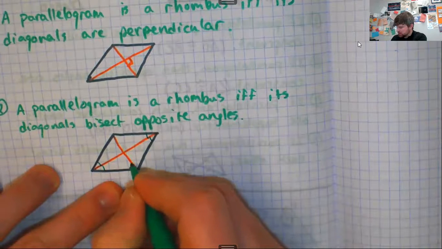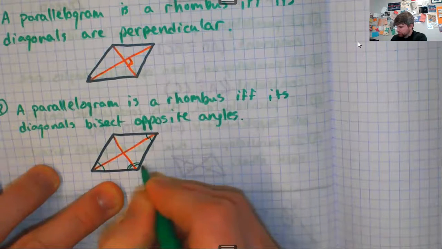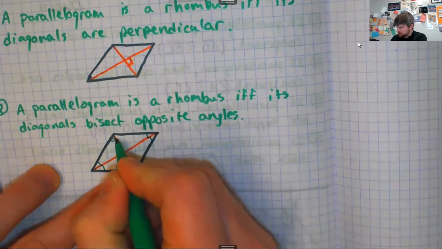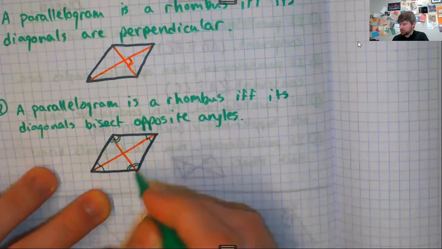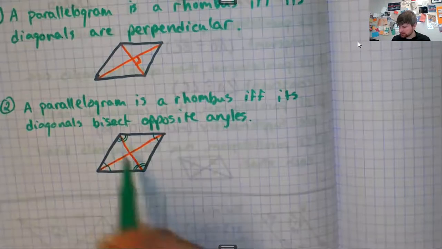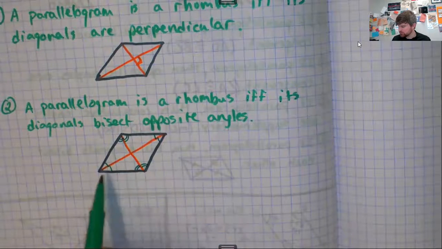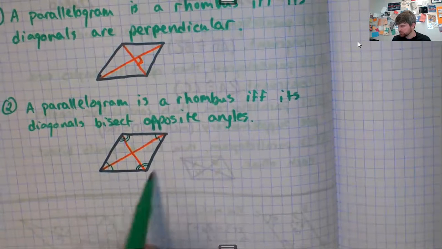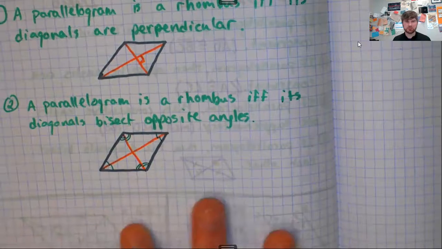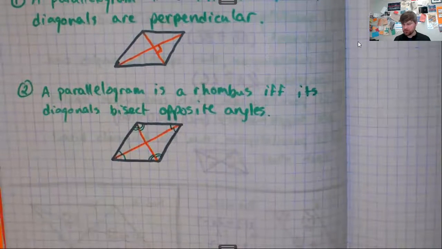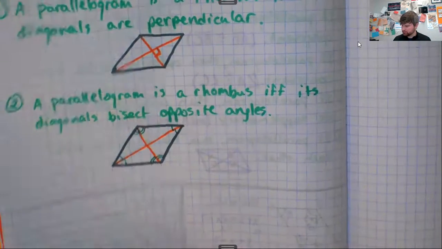These 2 angles are congruent, and these 2 angles are congruent, and these 2 are congruent to these 2. And these angles are not the same. These 2 angles aren't the same. But these 4 together will make 180 because they're supplementary. That was from the property of a parallelogram.